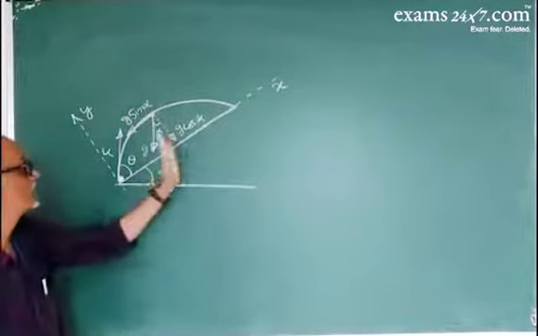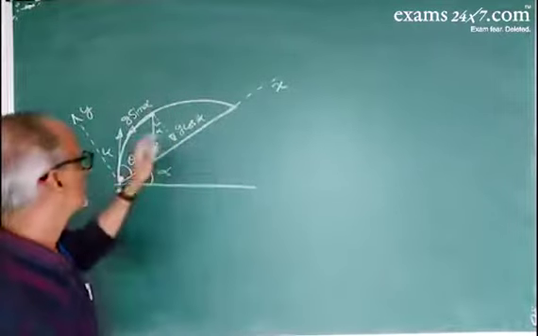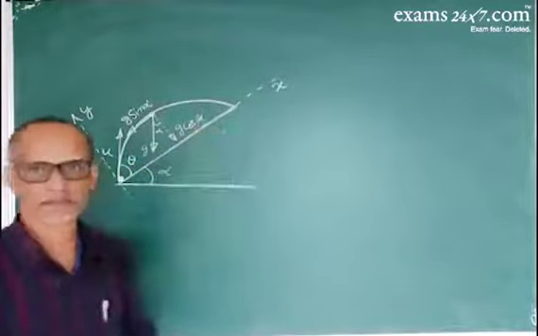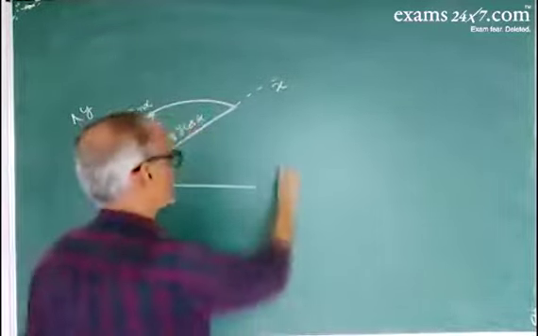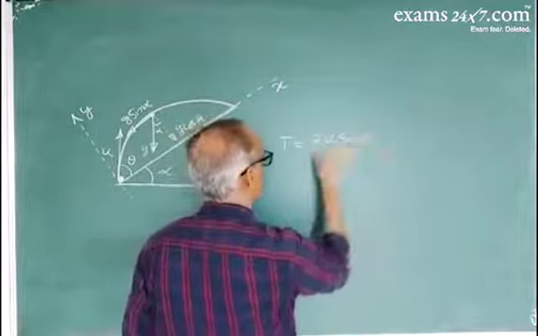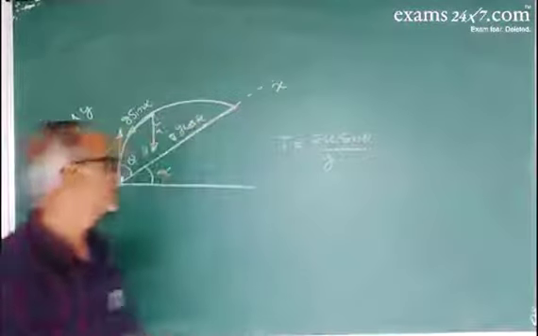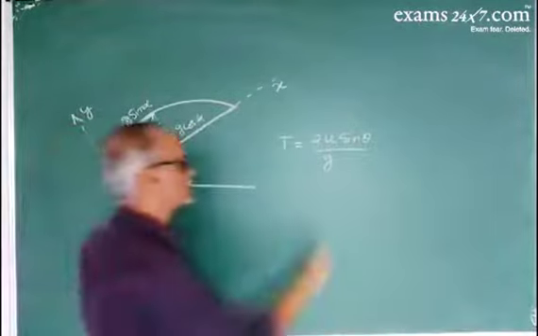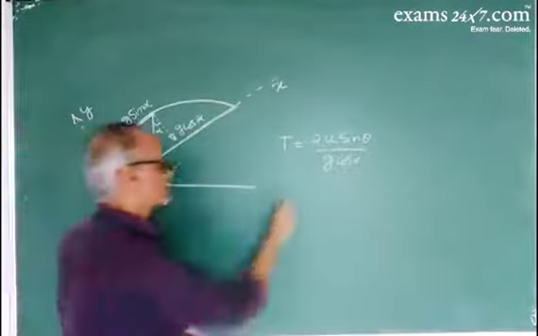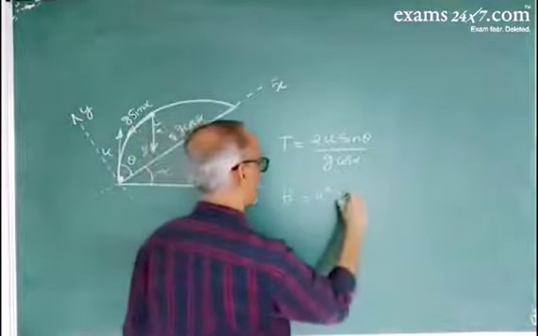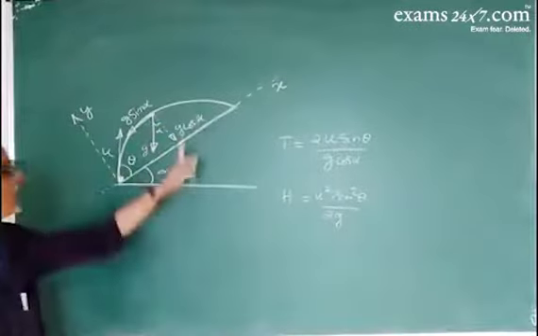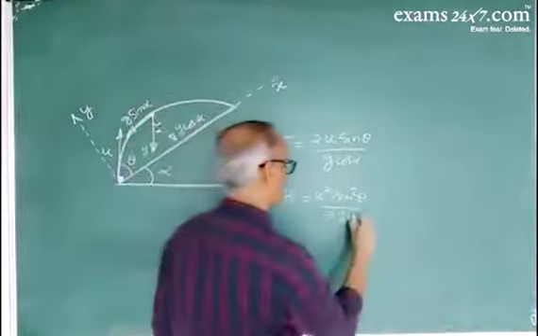So the acceleration due to gravity perpendicular to the inclined plane is g cos alpha. The formula for time of flight, which is normally 2u sin theta by g, now has g replaced by g cos alpha. The maximum height h is equal to u square sin square theta by 2g, and again that g has to be replaced by g cos alpha.